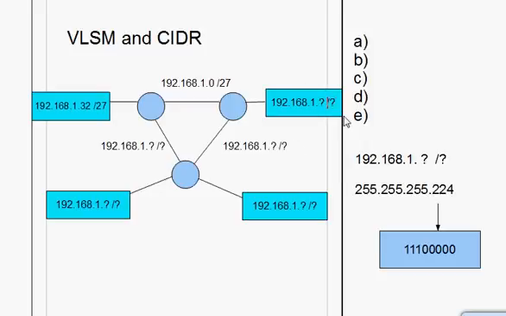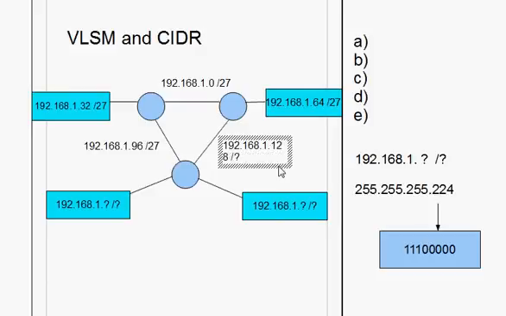This is the 64 network /27, right? And you could just increment them up by 32 each time. That's going to be your networks. 96 network /27. Hopefully you can see this in the video. This would be the 128 network /27.